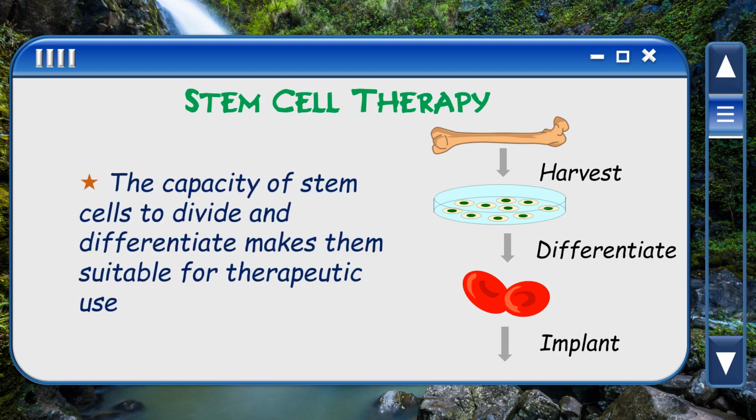Therefore, the capacity of stem cells to divide and differentiate, that is, to make different cells, makes them suitable for therapeutic use.